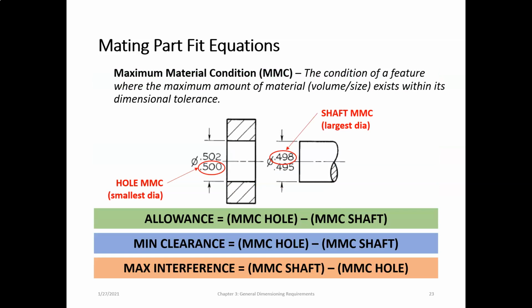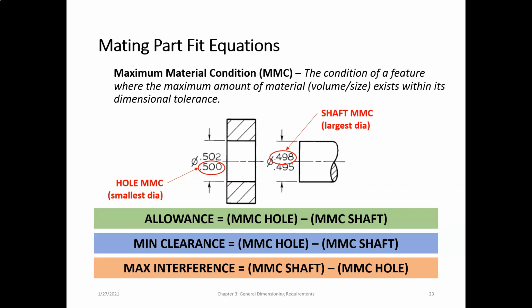And finally, the mating part fit equations. The maximum material condition, again, a huge concept in this class, exists when the condition of a feature with the maximum amount of material is within the dimensional tolerance. Let me read that again.